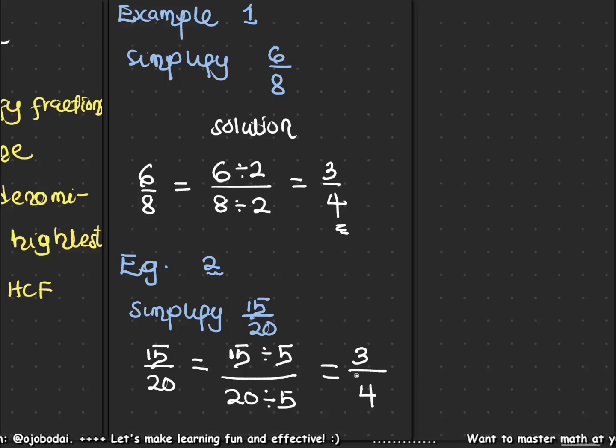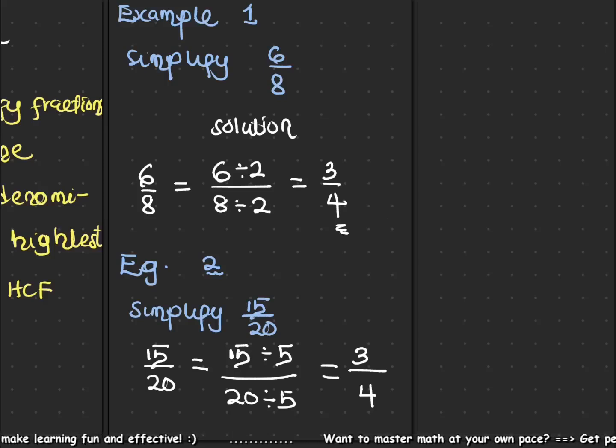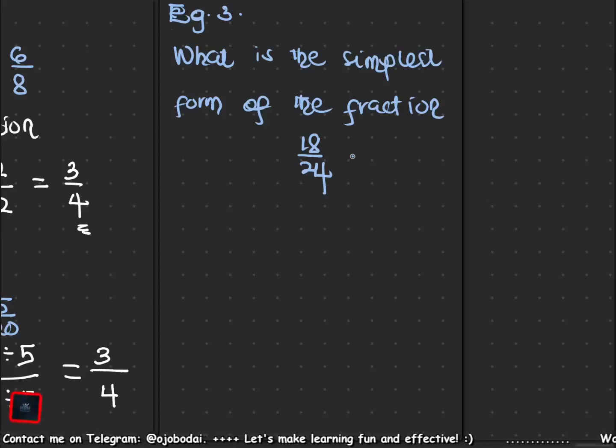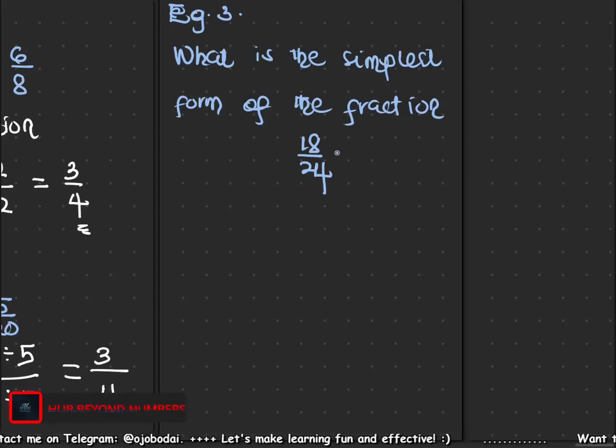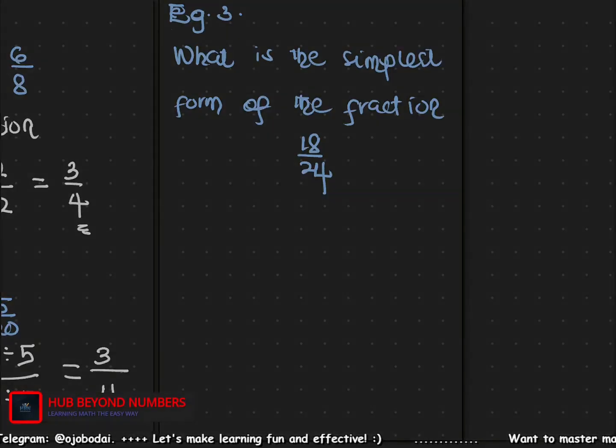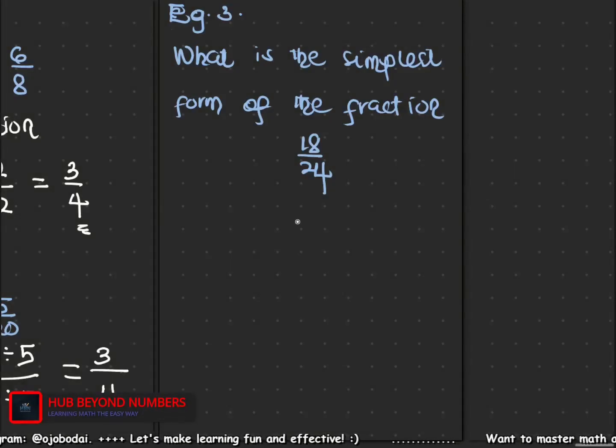So this is how we simplify fractions. Let's look at one last one and then we'll be done for this video. In this question, we should find the simplest form of the fraction 18 over 24. How do we go about it?